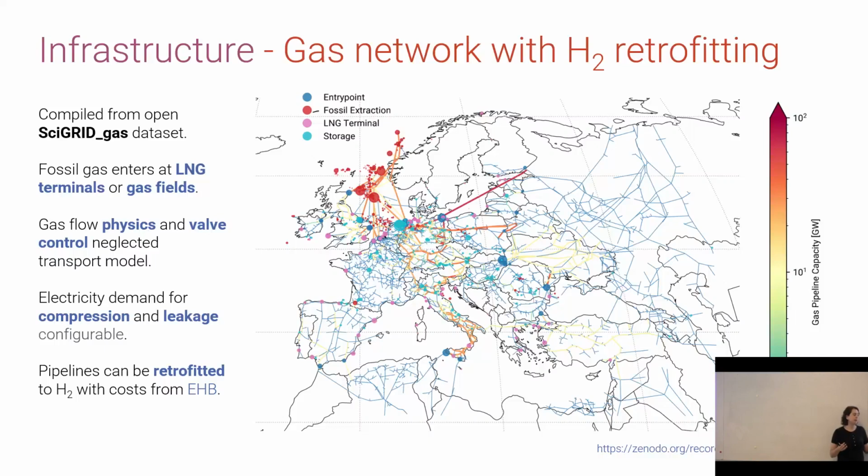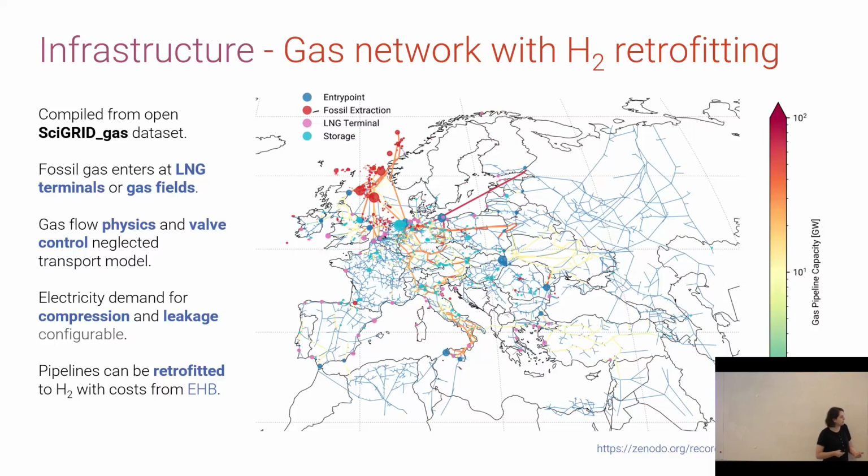But the gas pipelines are links that have a certain efficiency that can represent the electricity demand to do the compression to counterbalance the pressure loss when the gas is traveling through the pipeline, or some leakages. So this is a simplified, or linearized, way of representing gas transport so that the whole big optimization problem can remain linear.